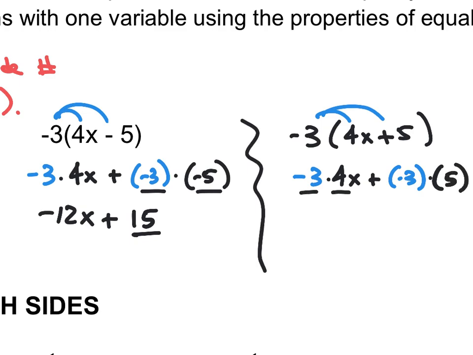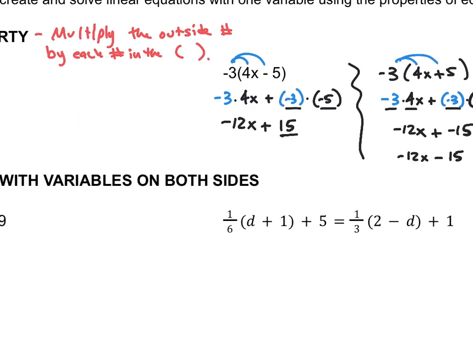Now, negative 3 times 4 gives me negative 12x. Negative 3 times 5 gives me negative 15. Now, you can put plus negative 15, or you could do negative 12x minus 15. Either one of those works. So the negative signs can get a little tricky. All right, let's take a look at this next part.